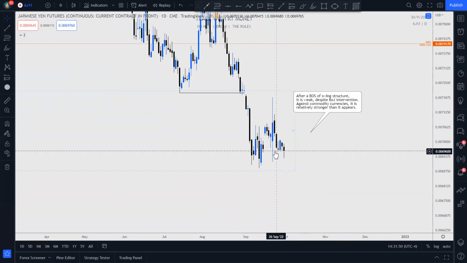So I'm going to look to put this against the weaker pairs that have momentum going to the downside. This doesn't have momentum going to the downside. That was happening, and then that momentum was stopped. Okay, so I will put this against the Aussie dollar, the New Zealand dollar, and the Canadian dollar, because they have momentum going to the downside, and those are commodity pairs.